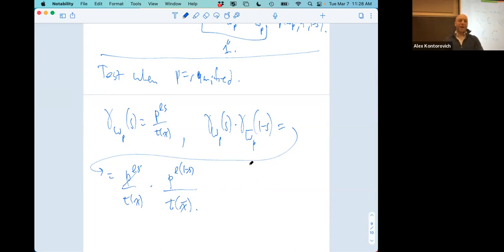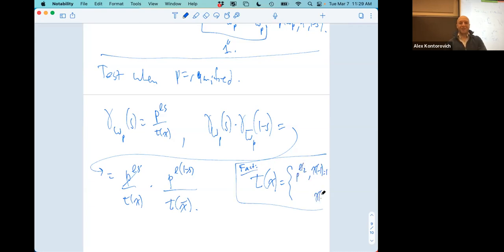Now, do you know what tau of chi is? Did we talk about this? So it turns out, so this is a fact, I'm not going to take the time to prove it, but if chi of -1 is 1, then this is just P to the L over 2.